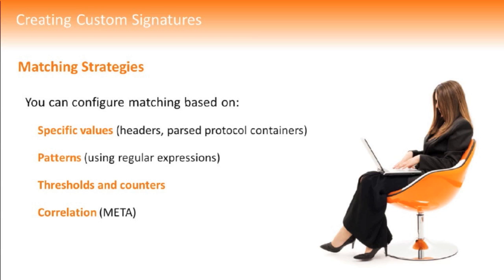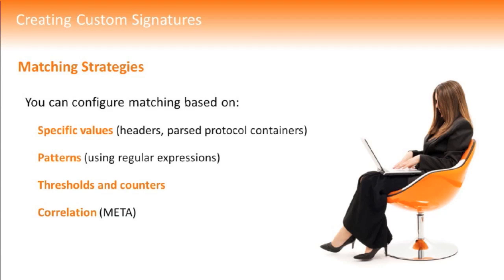Now, when it comes to matching on particular malicious network traffic, remember we match on specific values in headers, as we saw with the atomic engines. We match on particular patterns, like we saw with the string engines.